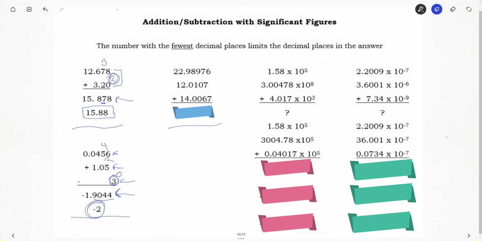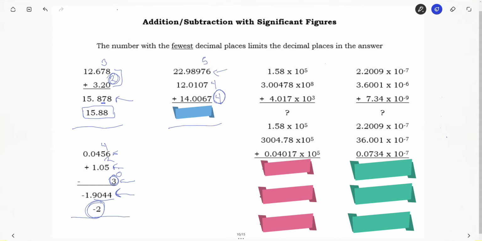This is more like what you're going to see when, say, you calculate a molar mass. If I take a look at my 3 numbers here that I'm using, I have 1, 2, 3, 4, 5 decimal places up here. I have 4 decimal places here, and I have 4 decimal places here. Okay, so obviously 4 decimal places is going to be my limit.